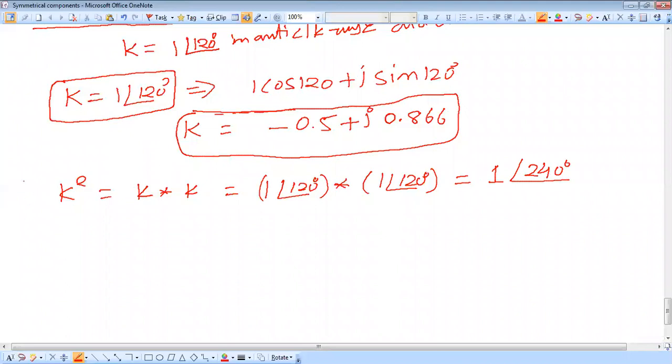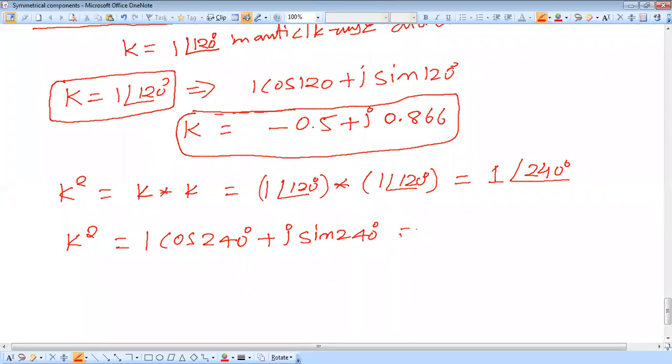In rectangular form, K square is cos 240 plus j sin 240.